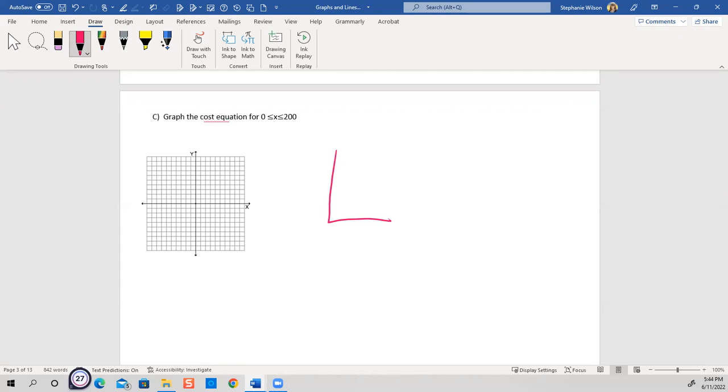So I'm going to say 2,000, 4,000, 6,000, and then 8,000. And over here, I'm going to go 100, 200. This is my output, that's my X, and then my cost.